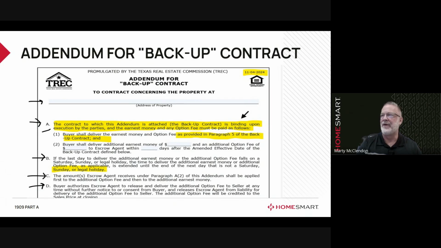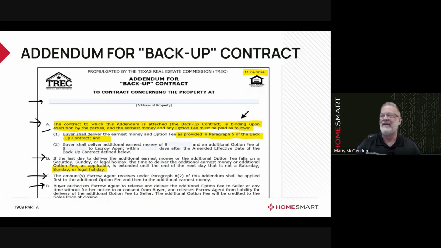Buyer shall deliver earnest money and option fee as provided in paragraph 5 of the backup contract. And so basically it's the same thing as if you're negotiating a normal deal. Your earnest money and option fee have to be deposited within 3 days to the title company, like any other deal. Okay. And it says buyer shall deliver additional earnest money if you have additional earnest money. In this case, it's not required, like the contingent offer was.